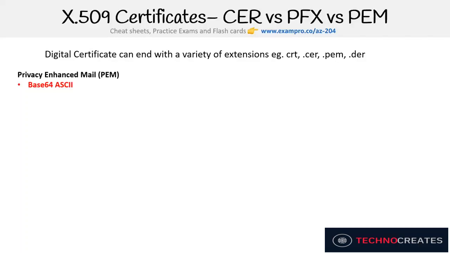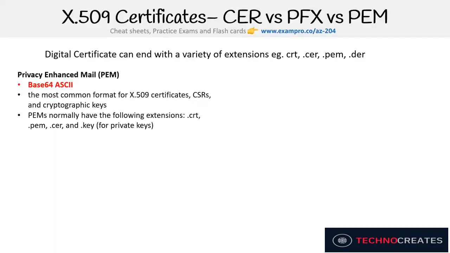You can open them up, and they're very easy to read, very easy to edit. And it's the most common format for X509 certificates and for certificate signing requests and cryptographic keys. So the PEM format normally has the following extensions: CRT, PEM, CER, and key specifically for private keys. But there's no hard rule about it. So just because something is PEM doesn't mean it's going to end with .PEM.